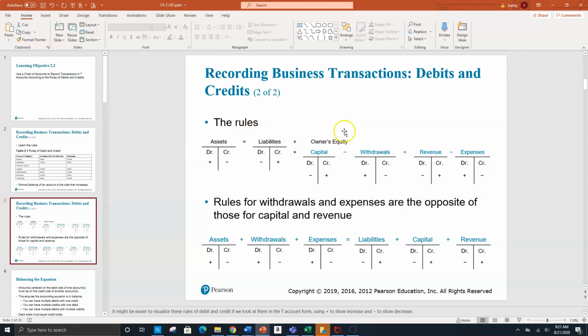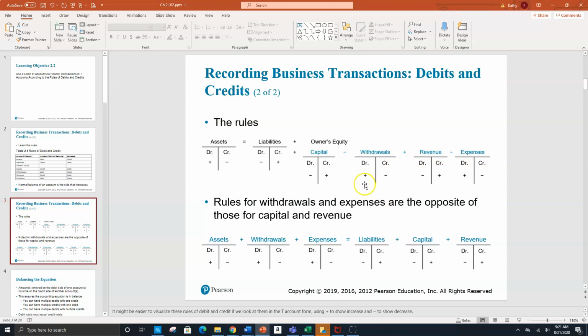On the other side of the equation, we're crediting to increase. So liabilities and owner's equity, we credit to increase. Now the expanded accounting equation subtracts out withdrawals, adds revenue, and subtracts out expenses. Now you notice withdrawals, which are subtracted, and expenses, which are subtracted, we debit.